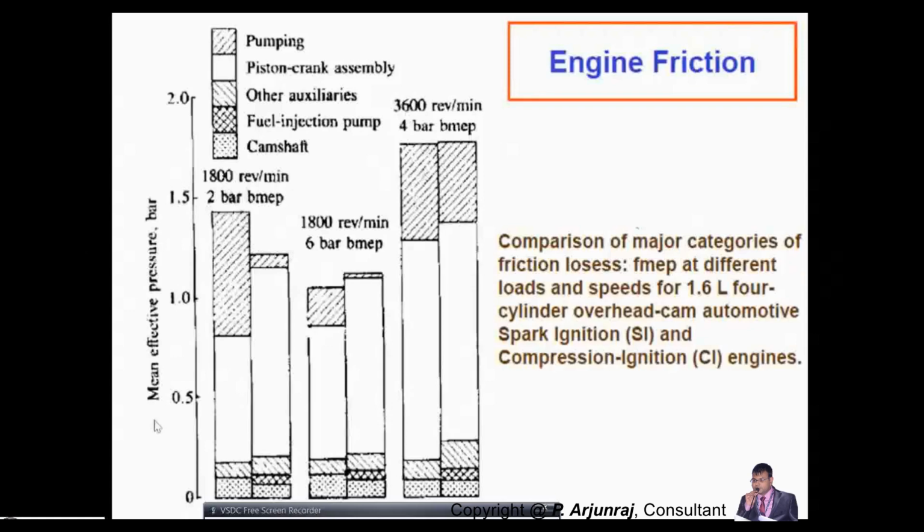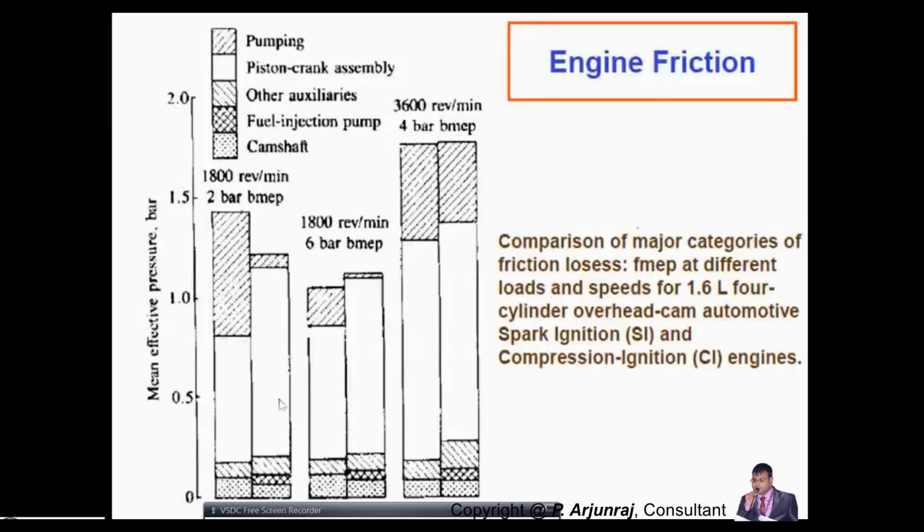When I'm comparing the SI engine with the CI engine, the pumping mean effective pressure is going to be more in the case of the SI engine than that of the CI engine.